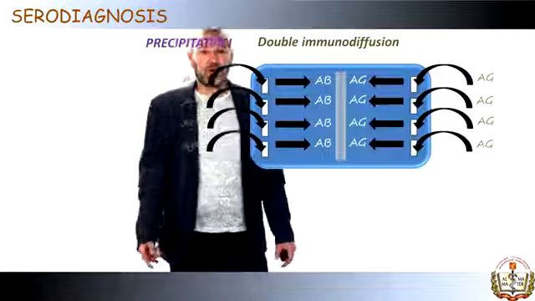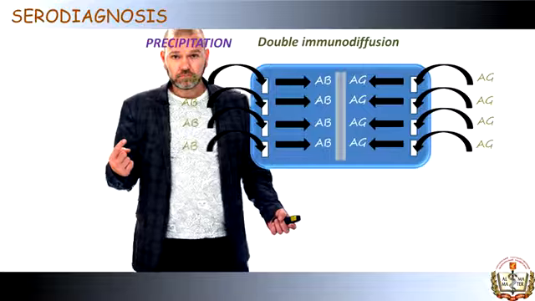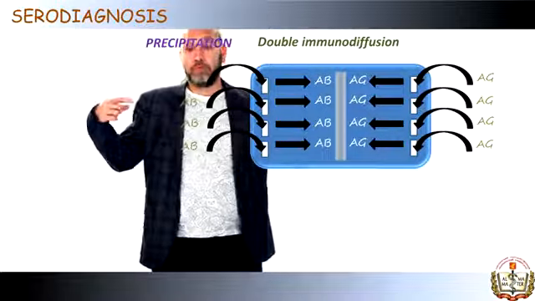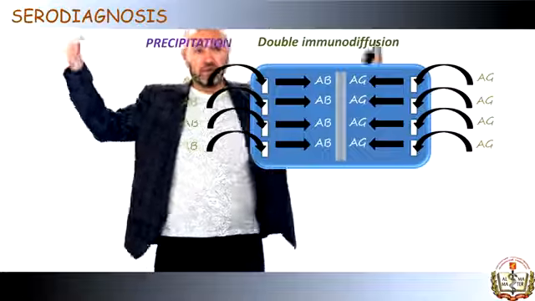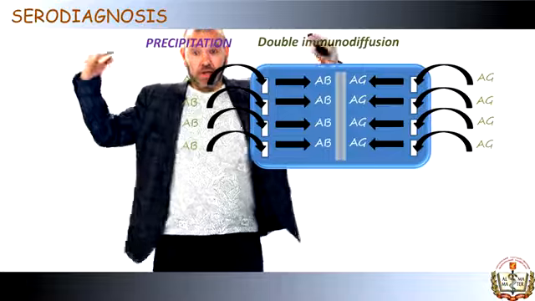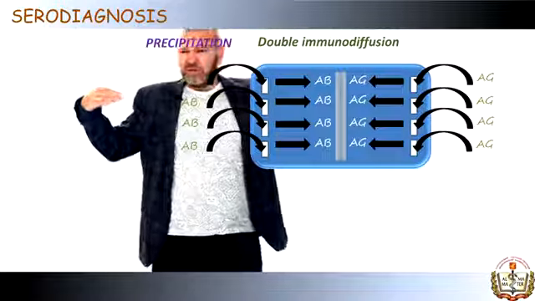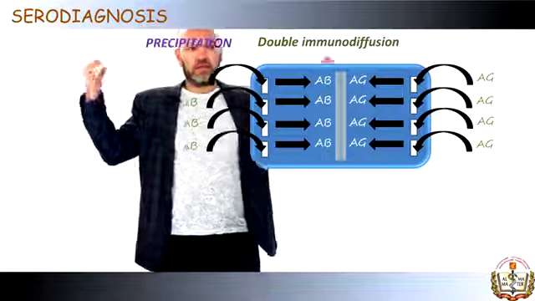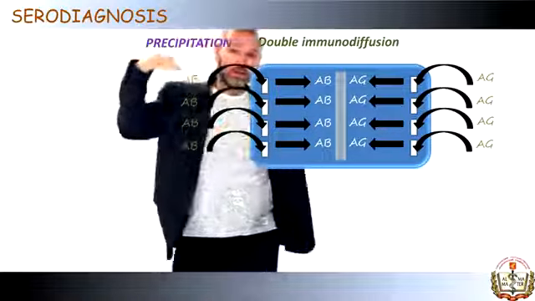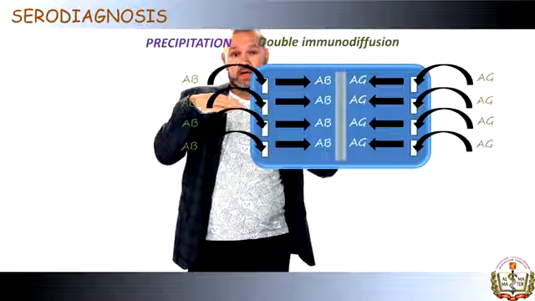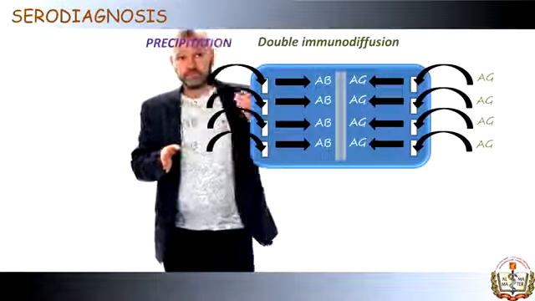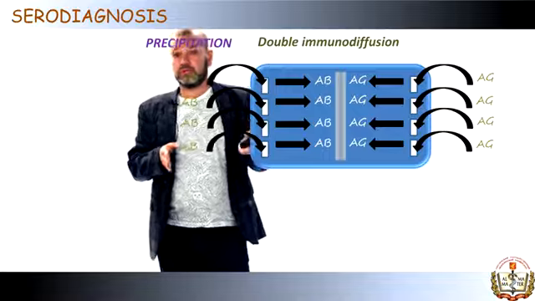Another modification of the test is when you take a standard gel and incorporate both antigen and antibody in the gel simultaneously. The gel is initially empty. You can do it in a Petri dish, for example, and when you add antibody and antigen, they will diffuse towards each other. Again, if they match, in some zone you will have precipitation.